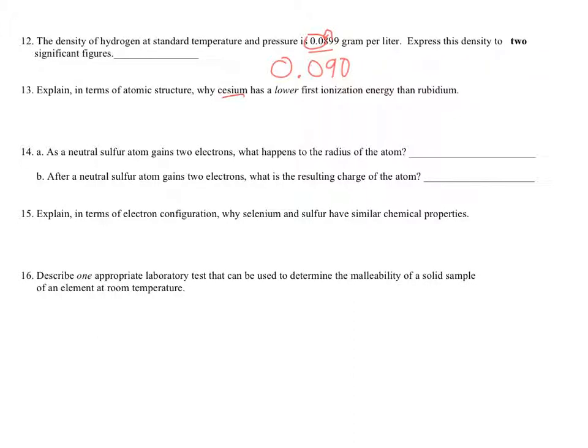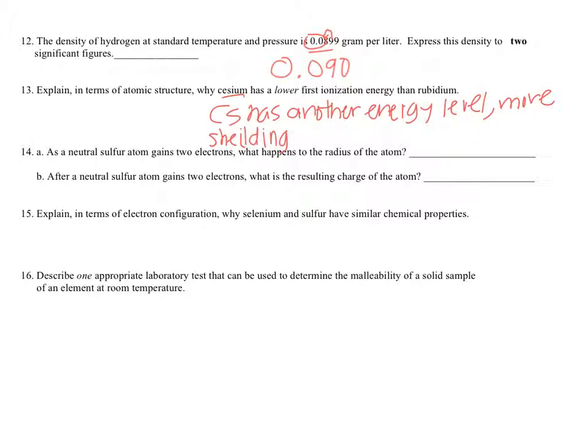So that means that cesium has another energy level, and it therefore has more shielding between it and the nucleus, and will therefore give up its electron more easily. It has a looser hold on its electrons because they are further away from the nucleus.